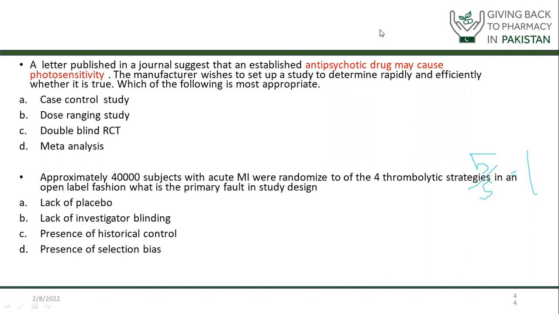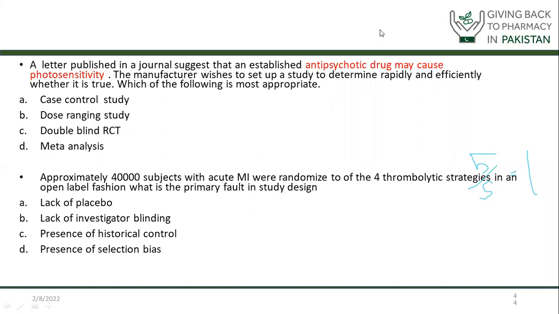So guys, here the answer is, first of all, what he wants to study. Efficient and quick result. Exactly. Meta-analysis is not for the efficient and quick result only. The problem is that meta-analysis is telling you everything about it. It's not only one thing. First of all, this is about an antipsychotic drug that may cause photosensitivity. It means they are studying adverse effect.